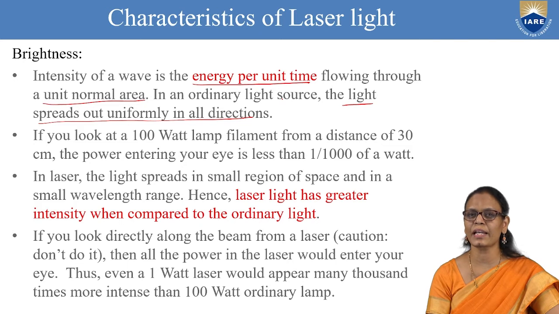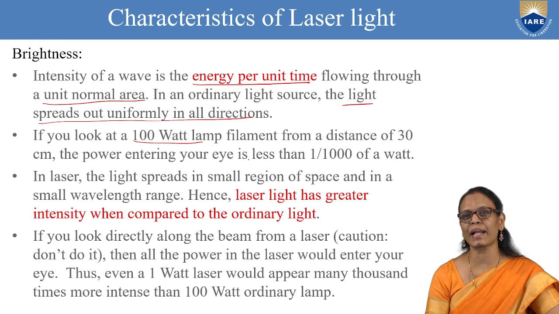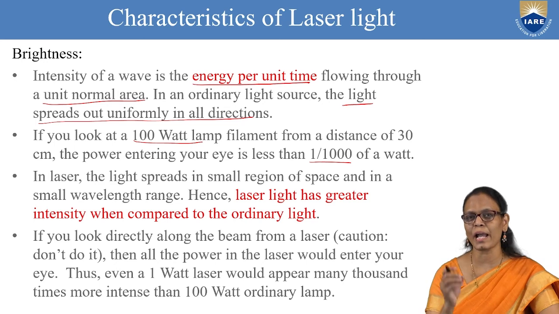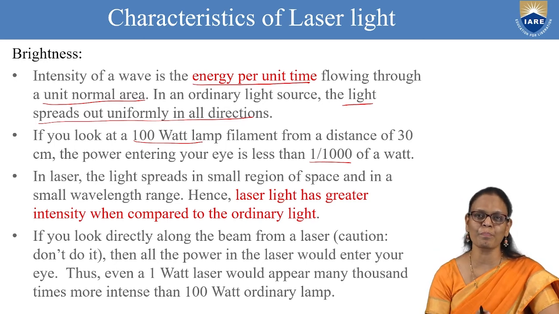If you are taking a 100-watt lamp filament, from a distance of 30 centimeters, the power that is entering your eye will be less than 1,000th of a watt. This is to understand the brightness, the amount of energy that is spread per unit time per unit area.